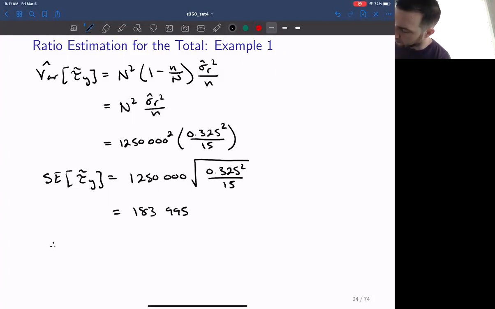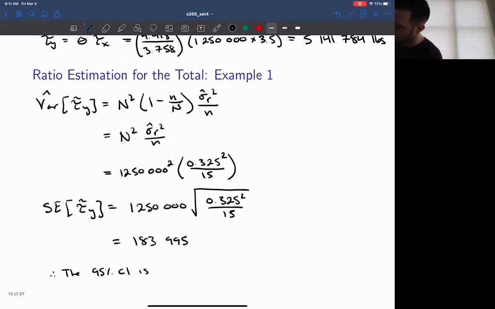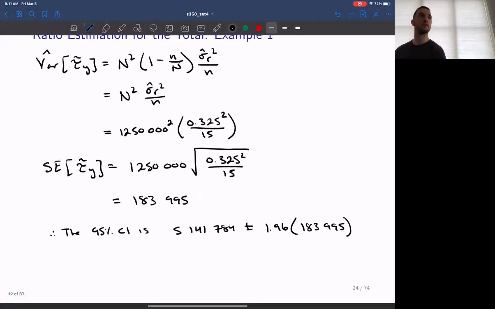Okay, so therefore the 95% CI is 5,141,784 plus or minus 1.96 multiplied by 183,995.